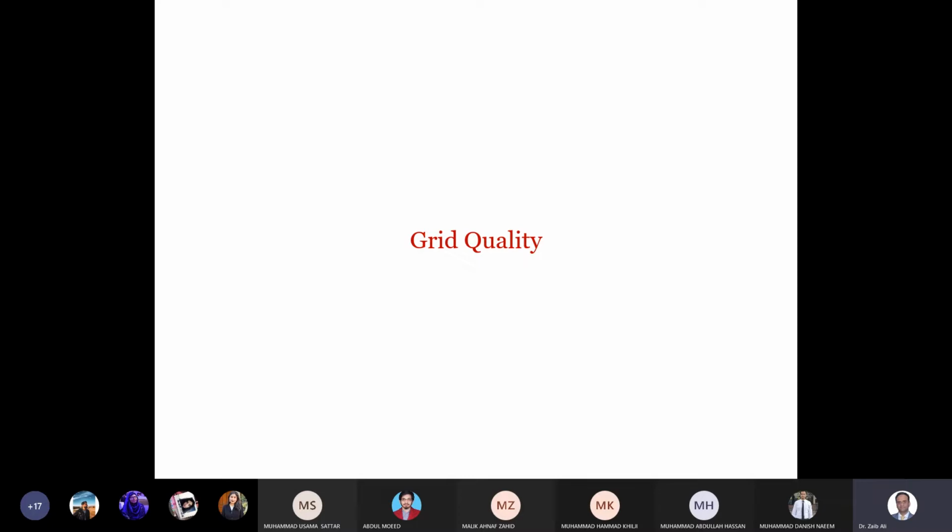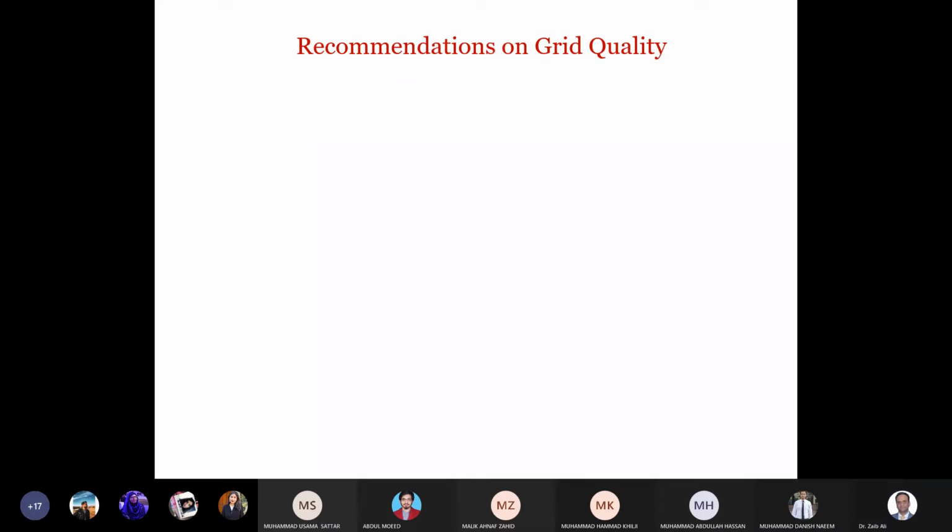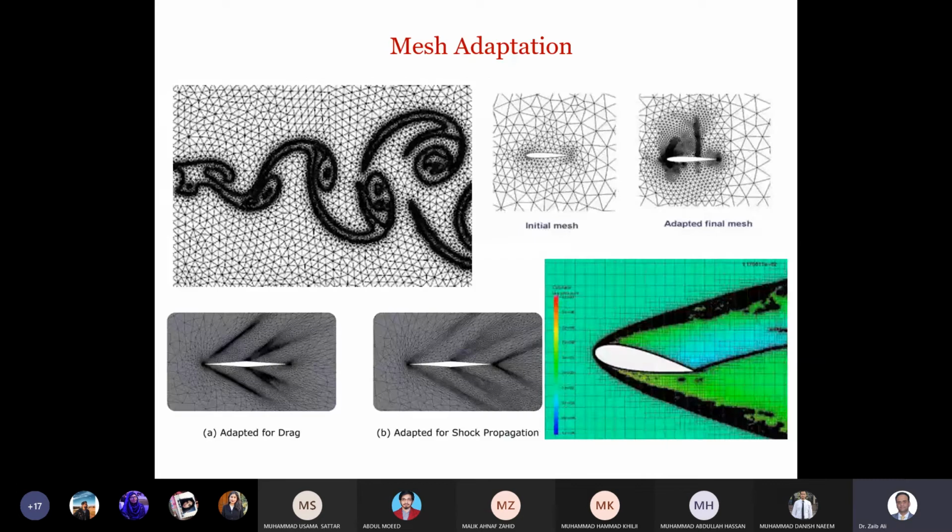Okay, grid quality. First thing to keep in mind is that you will be creating a non-constant size mesh. For example, here, as you can see, the cell size is increasing gradually.